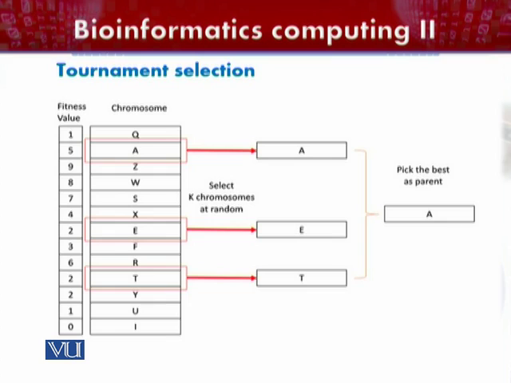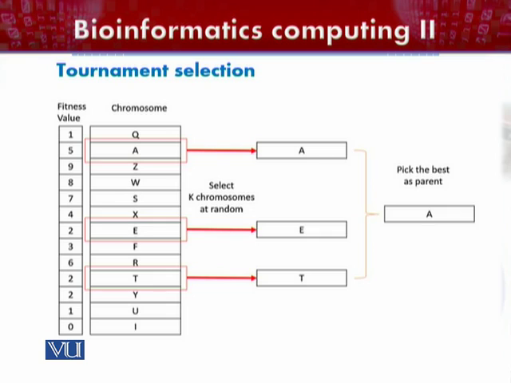In the tournament selection method, to select an individual from a population, a tournament is organized to select the fittest individual from that population, and the winner of that tournament is selected as a parent for the next round, and it will have the opportunity to pass its characteristics to the next generation.